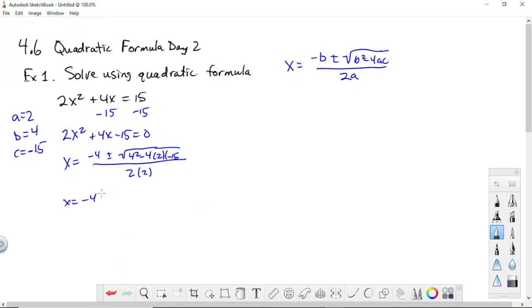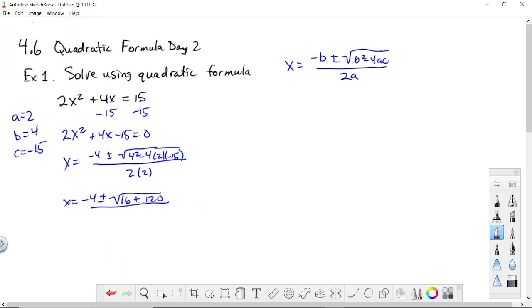X equals negative 4 plus or minus. What do we have under that radical? We have 16 minus, it's actually minus a negative. Let's write this out: 16 minus a negative, so it's going to be plus, and this comes out to 120.